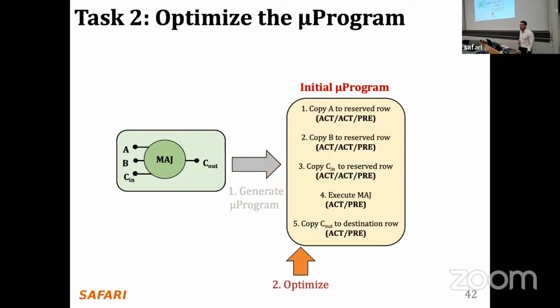But we can further optimize those by following some of the properties of that special row decoder that the framework uses, so that we can further reduce the number of DRAM operations.